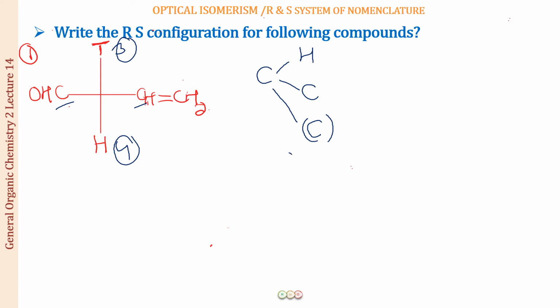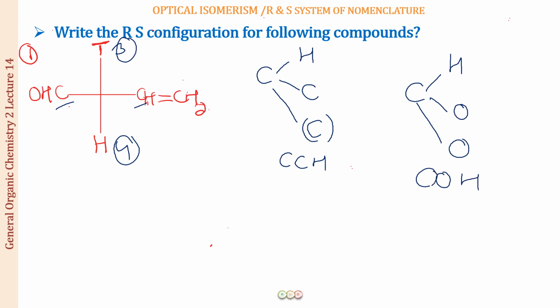Okay, so what you will be getting is a C and a H. And as far as the CHO group is concerned, that is going to be a carbon with a single bonded hydrogen and double bonded oxygen. So you will be writing it as this. So there will become a C, O, O and H. So obviously this is going to be a higher priority than the C, C, H. So this is going to be group number 1 and this is going to be group number 2.